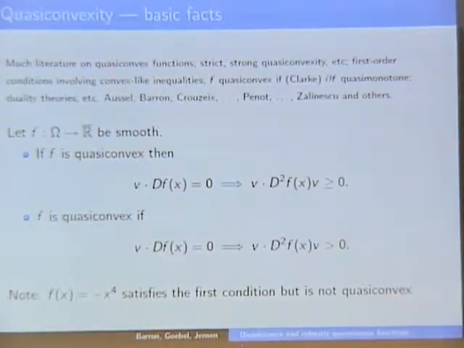There is a necessary and a sufficient condition. A necessary condition for quasi-convexity is that if you look at the Hessian in the directions perpendicular to the gradient, the Hessian is positive semidefinite. And a sufficient condition is that if you look at the directions perpendicular to the gradient and the Hessian is positive definite, you have a quasi-convex function. And minus x to the fourth is a perfect example of how this necessary condition fails to be sufficient.